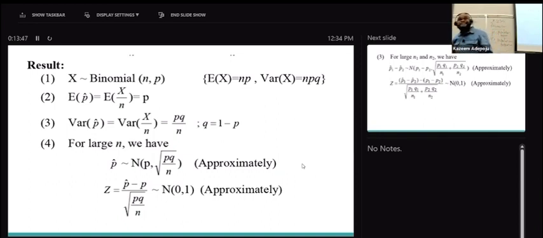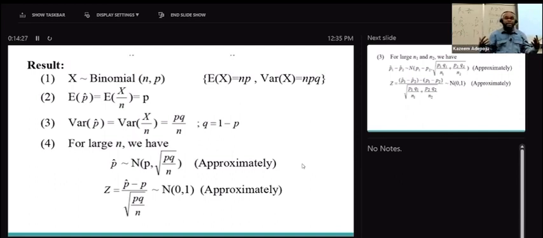The expected value of P cap, we expect it to be P. What is our P? Population proportion. We expect that on average, if P cap follows a normal distribution, and I'm going to say that again, if this follows a normal distribution, then the expected value of P cap will be equal to P. It means what we expect to get from the P cap will be the same as what we intended to get.